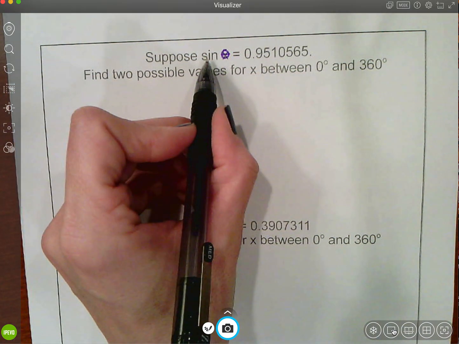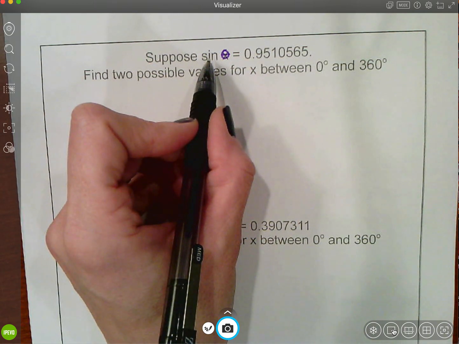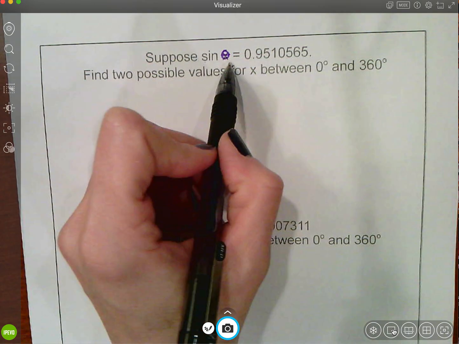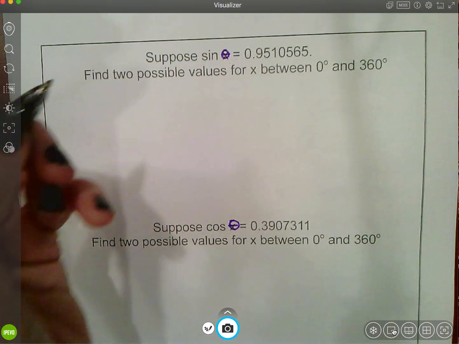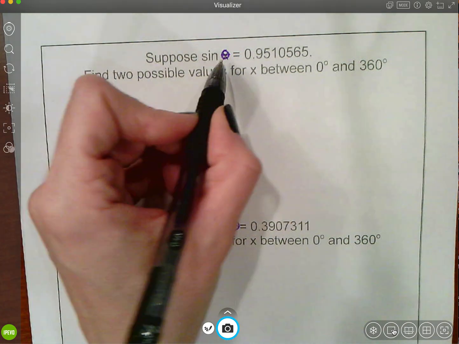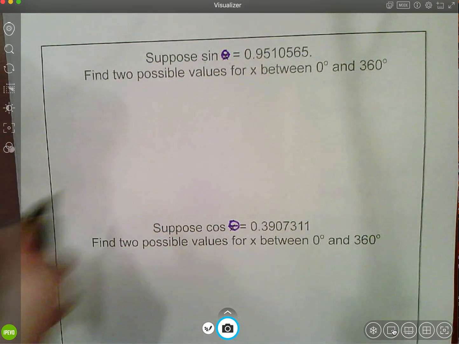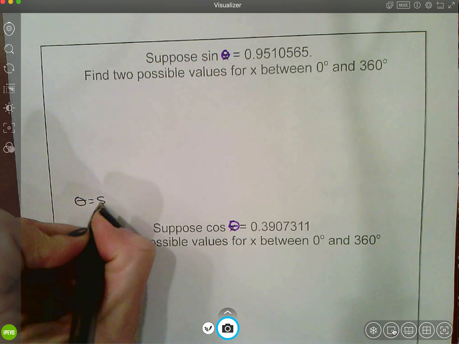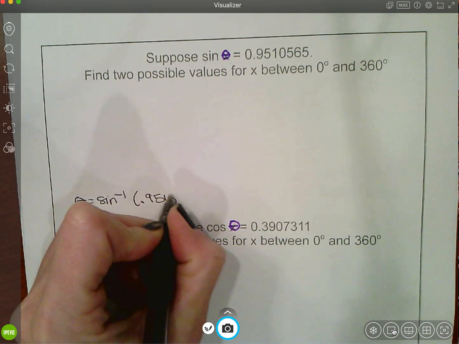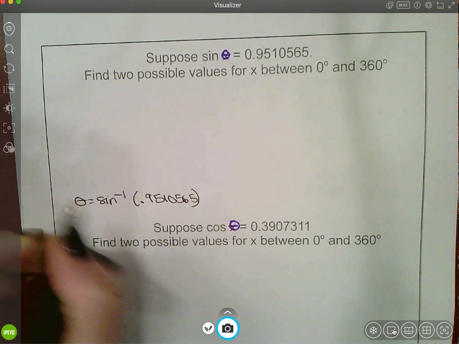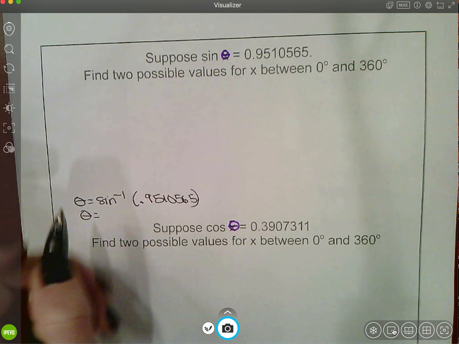When I have the sine of theta being 0.951056, let's think about what the value of theta is. So hopefully it makes sense to find that value of theta. You would take the inverse sine of both sides and plug that in your calculator, and it's like a 71.99.